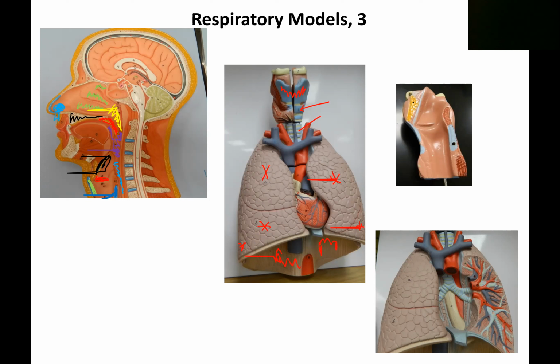When you peel this off, you can see the epiglottis, thyroid cartilage, cricoid cartilage, vocal cords. Down here, you can see the distal end of the trachea.